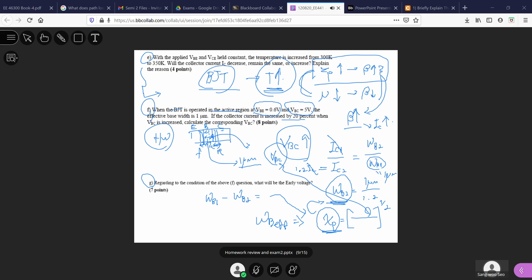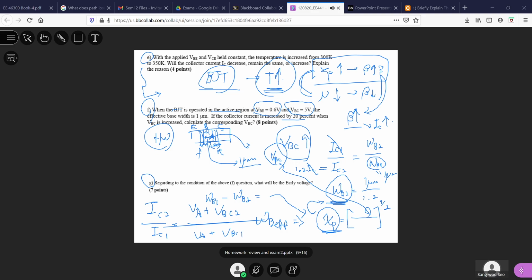And then the second question is also similar to our homework question: the relationship between the current and the early voltage. We have this kind of relationship.